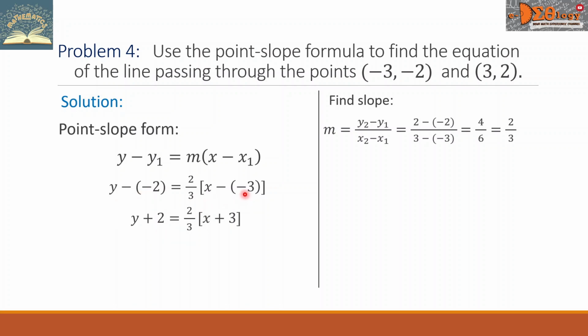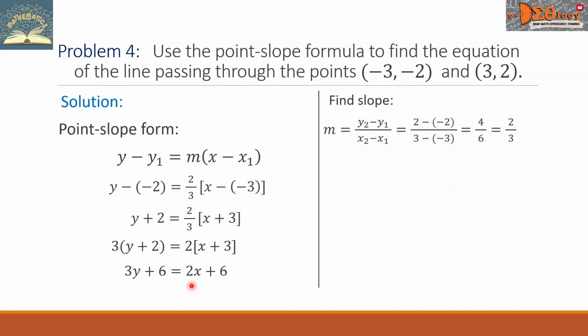This negative by negative becomes positive 3. Then we simplify further. This denominator 3, we cross multiply to the left side. So 3 times y plus 2 equals 2 times x plus 3. We simplify both sides. So we have 3y plus 6 equals 2x plus 6.